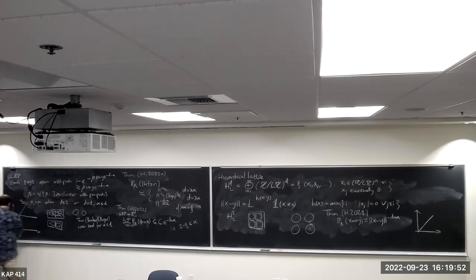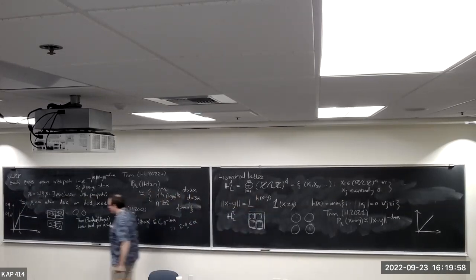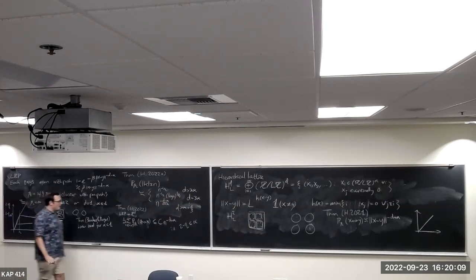So in other words, you have this lower bound, the upper bound, and a lower bound like this. They actually prove this lower bound past alpha equals 1 as well.